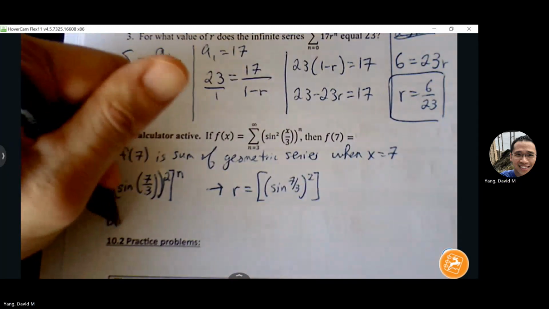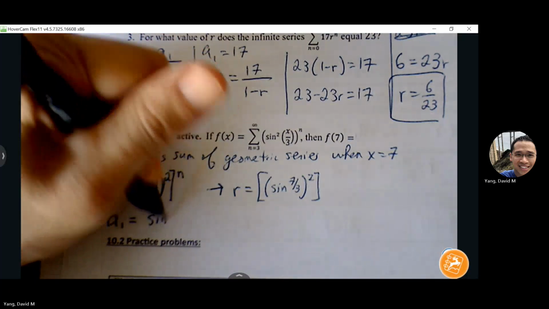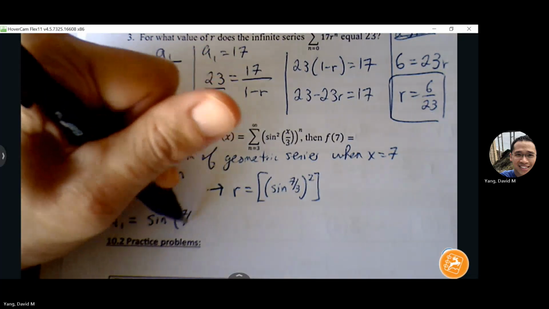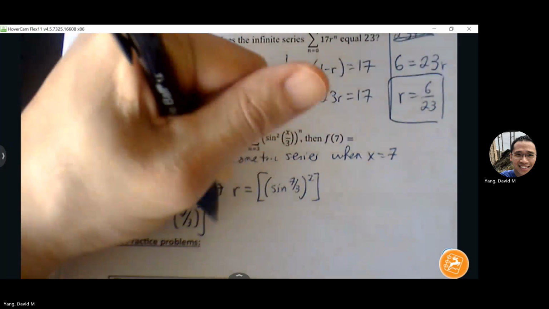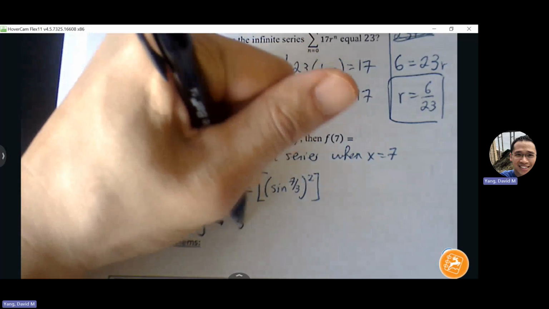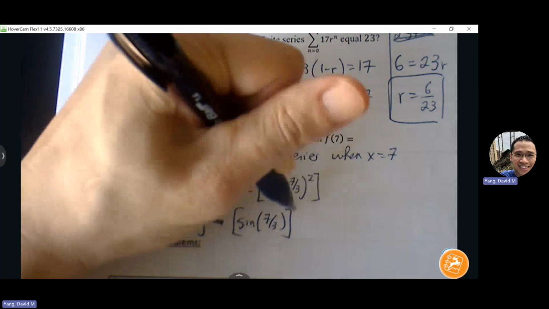So a sub 1, which is the same thing as sine of 7/3 raised to the 6th power.